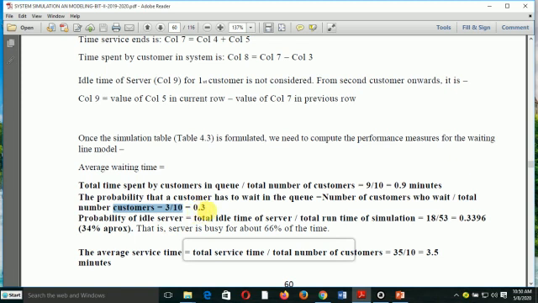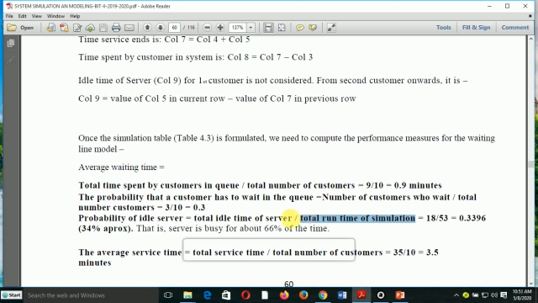It is okay. So the probability of idle server is the total idle time of the server divided by the total run of the simulation. Immediately we know the probability for idle server. Because the total simulation time shows the status of the server for the overall simulation time.